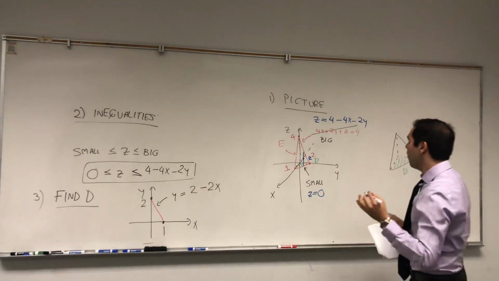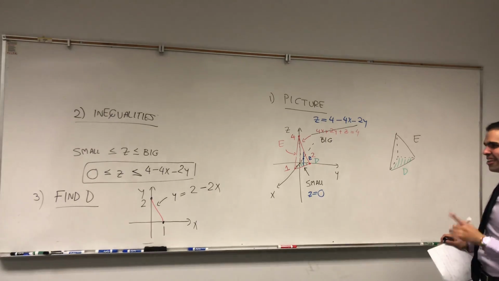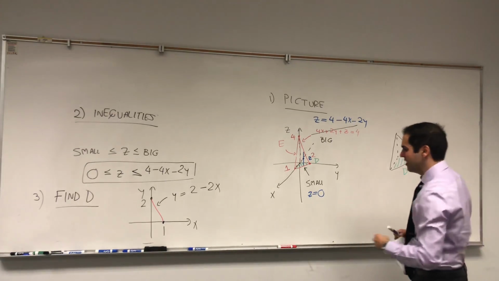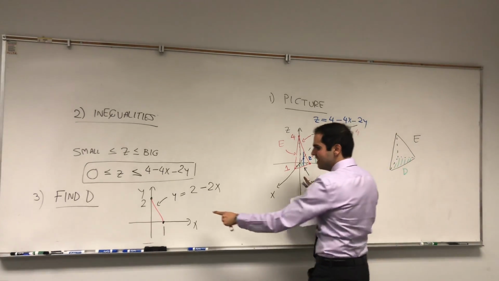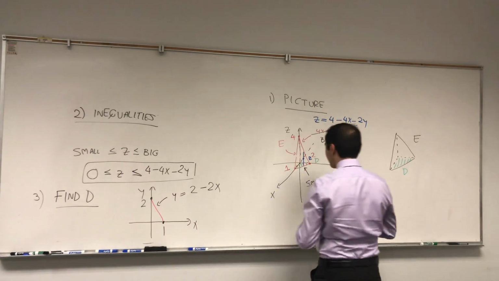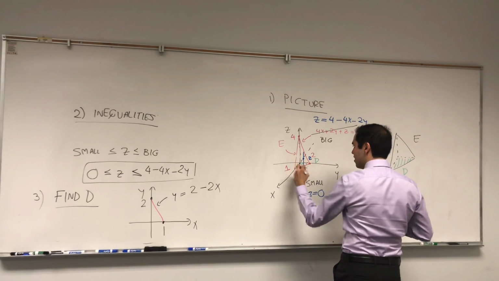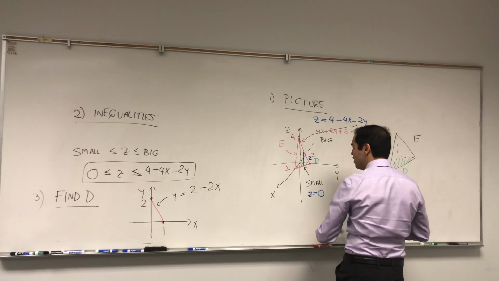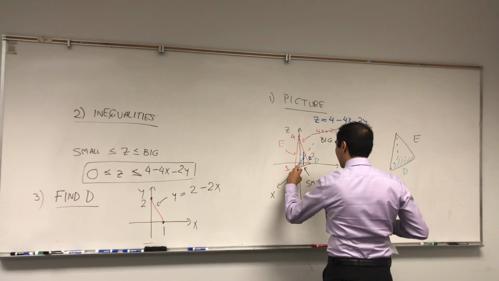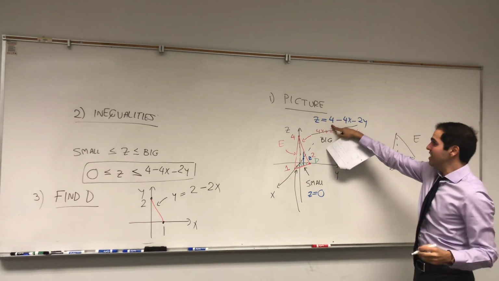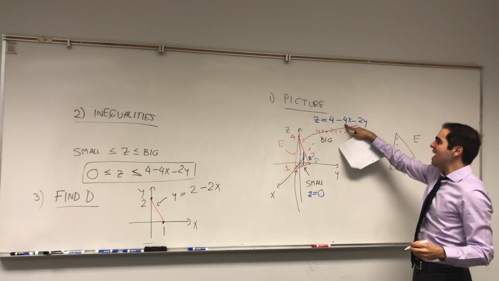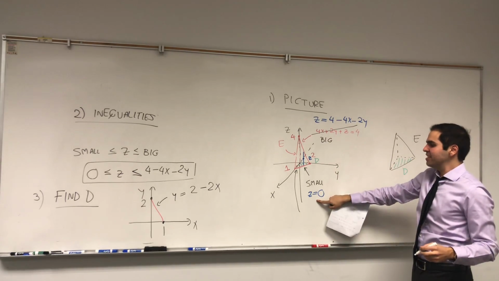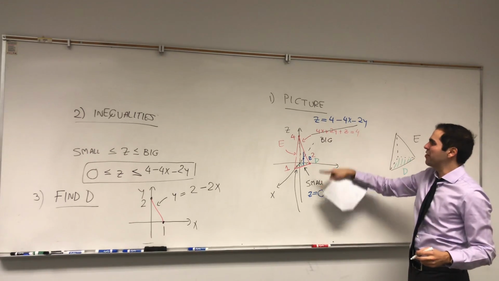That's one thing. Or, if you're curious, there is an even cooler way of doing this. Because this line here is just this thing here. And well, how can you figure that out? It's precisely what happens when the plane intersects this other plane z equals 0.